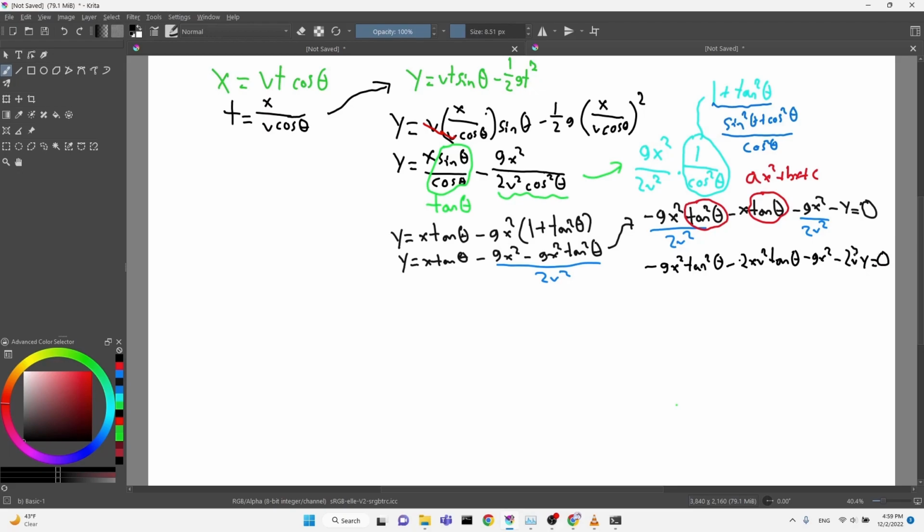Yes, so we have this ugly looking thing, and the next thing I'm going to do is make this a bit cleaner by removing some negatives, because you see we have a lot of negatives. I'm just going to multiply both sides by negative 1 to clear some stuff out.